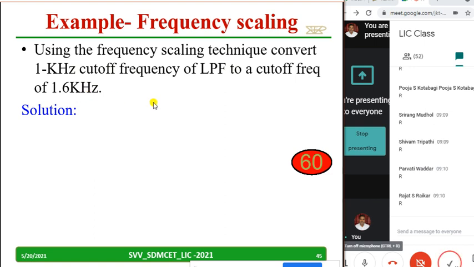Note down the question. If somebody is good, he can solve the problem and tell the value of R. Otherwise, I'll give you the steps. Hope most of you have a calculator.